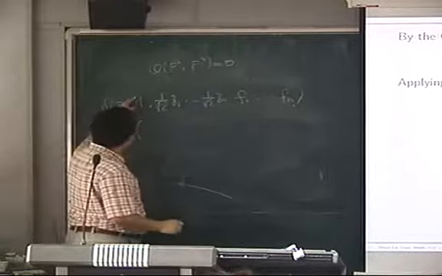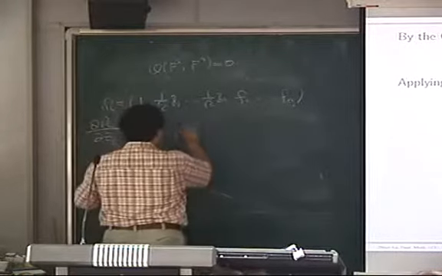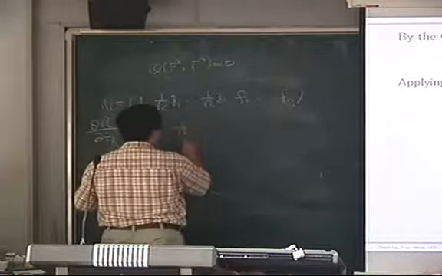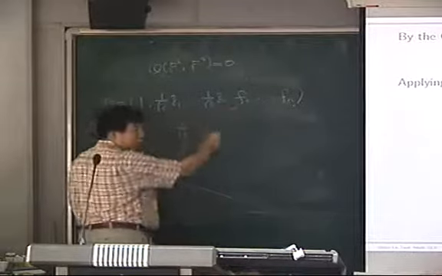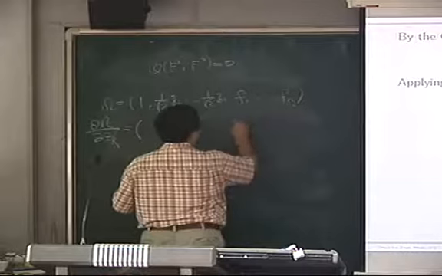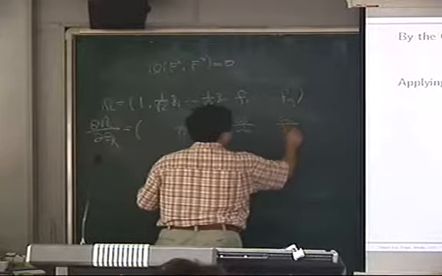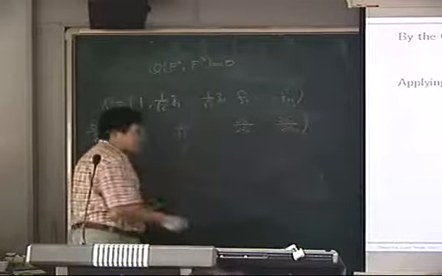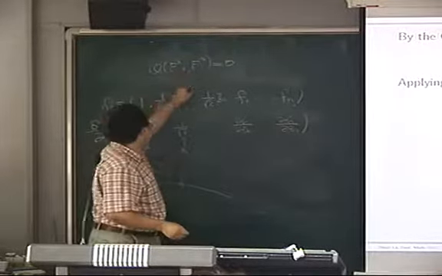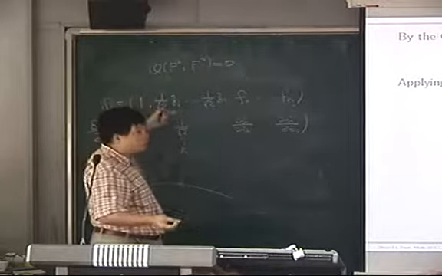This one, you take derivative, you get 0. And here, the only non-zero form is in the k-th direction, because other derivatives are 0. And then you have df0/dzk, ..., dfn/dzk. Anyway, you can take derivative. But then, this is 0, so that means you take the inner product of these two, you get 0.